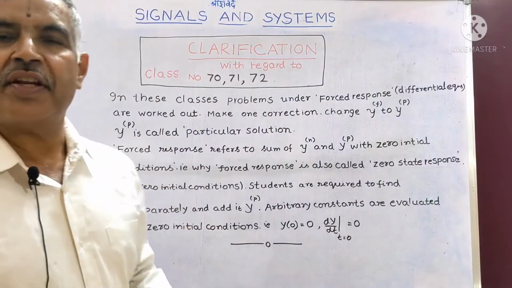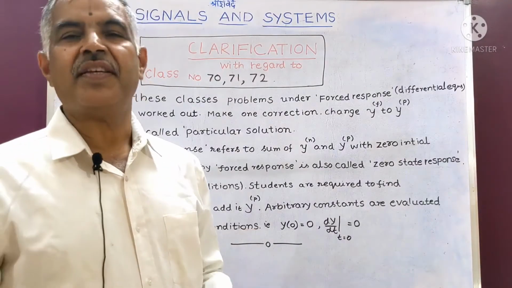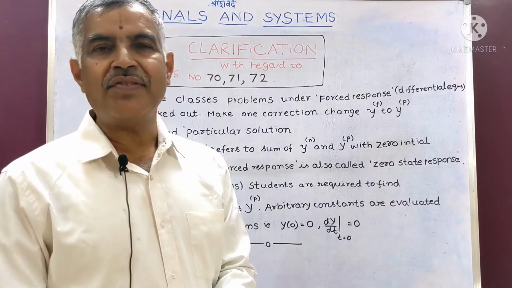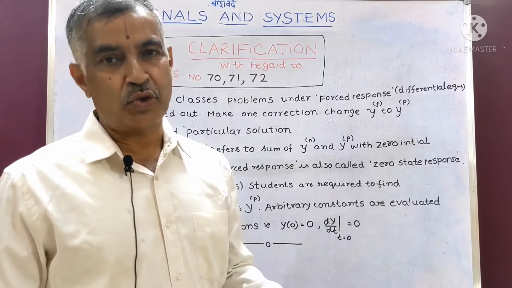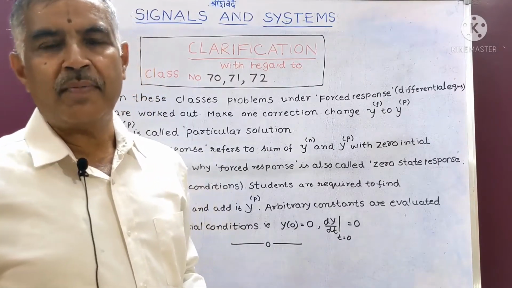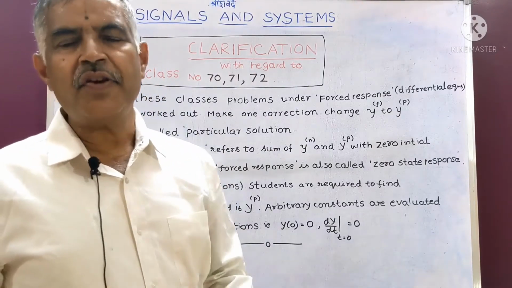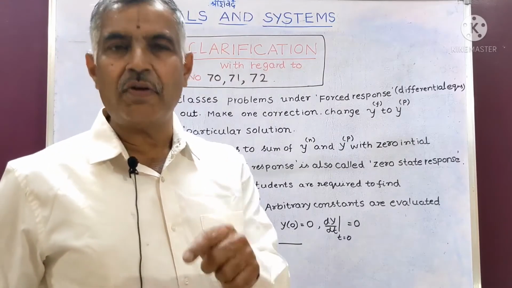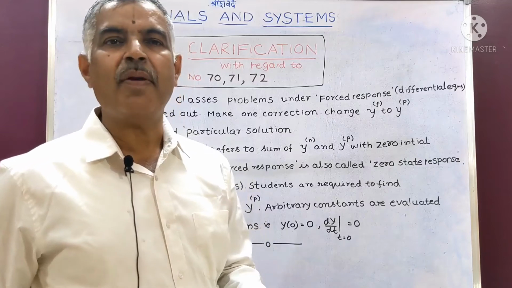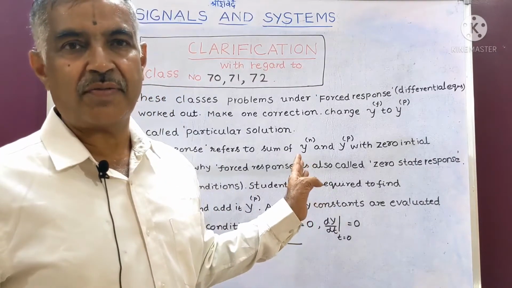Now, what is forced response? Forced response is the summation of natural response and particular solution. In differential calculus also, you find it in the same manner: Yc plus Yp. Yc stands for the complementary part, that is the natural response.